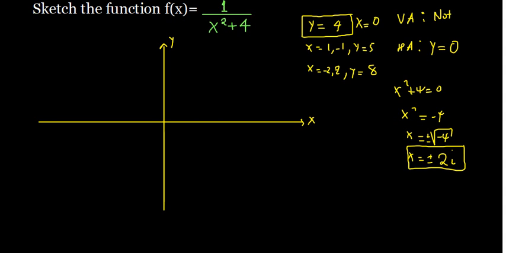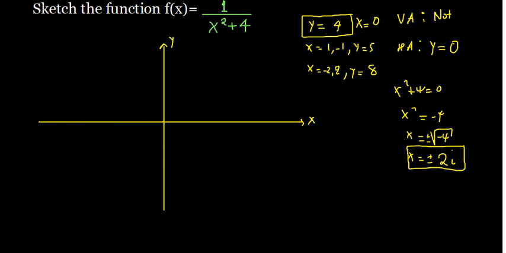If I reduce the values of x or increase the values of x, the denominator is going to be increasing. Now if I increase the denominator, what happens is I am reducing the fraction, because 1 over 4 is bigger than 1 over 5, and 1 over 5 is bigger than 1 over 8. So as long as I move from x equal to 0, the function is going to be reducing.